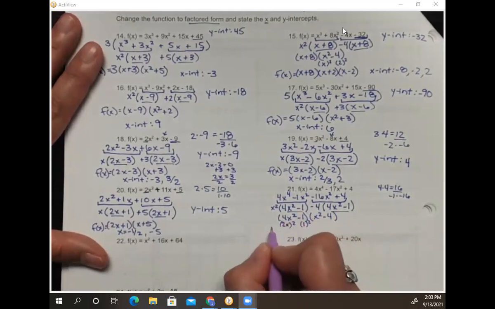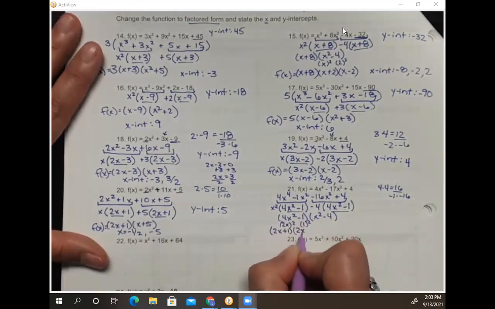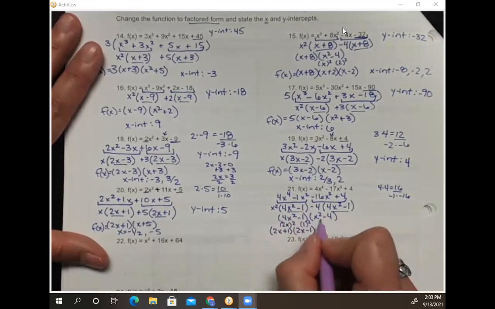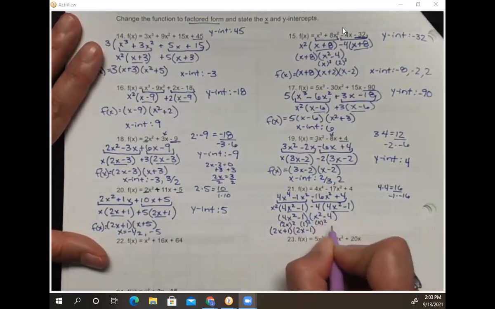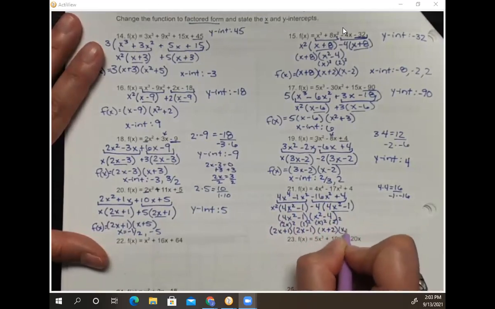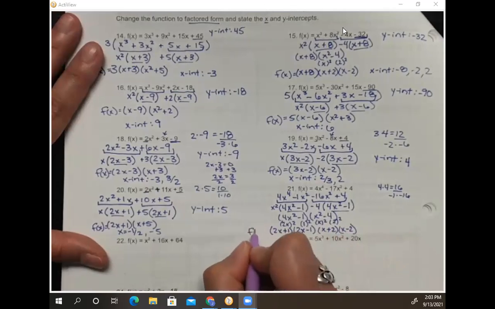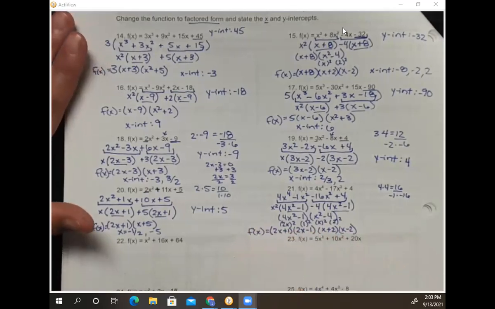So this first guy, I can factor farther into 2x plus 1 times 2x minus 1. And for my second term here, to get x squared, I would square x. To get 4, I would square 2. So this would be x plus 2 times x minus 2. There is my final factored form.